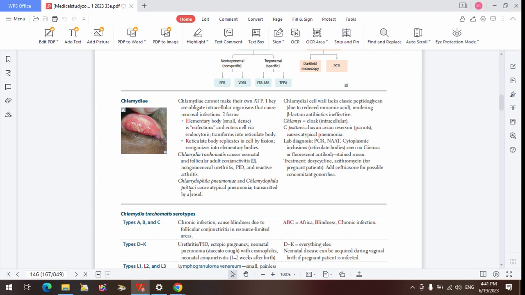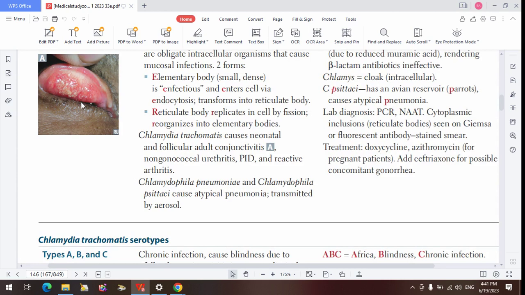So let's go to the other one, which is Chlamydophila trachomatis. Chlamydophila trachomatis can cause a lot of things. It can cause trachoma, which is from the name trachoma. So trachoma means follicular conjunctivitis or granular conjunctivitis. The way you remember or identify trachoma is just to look at that eye.